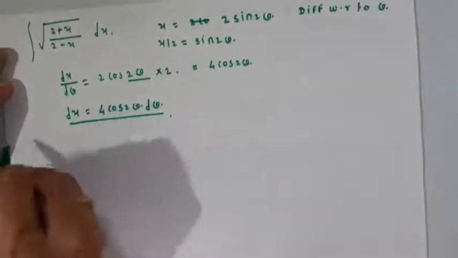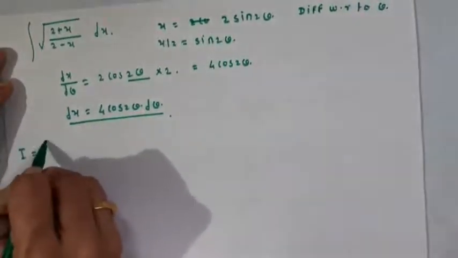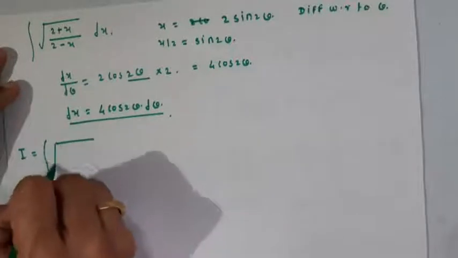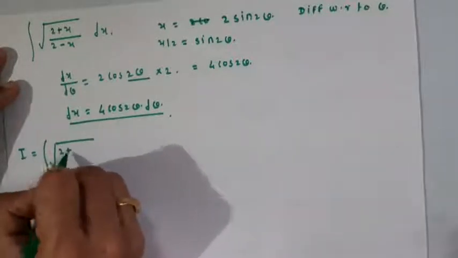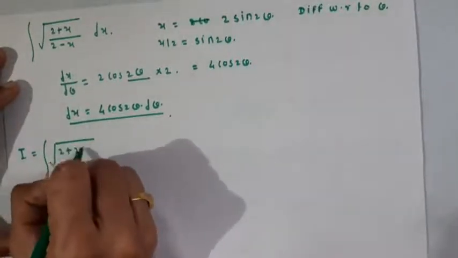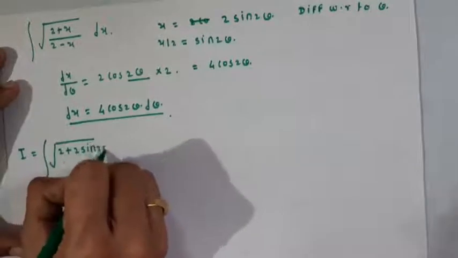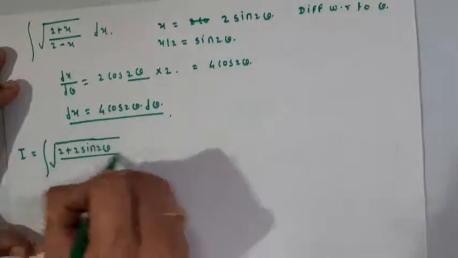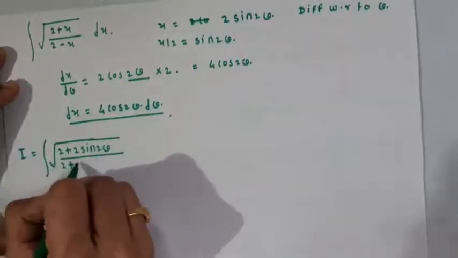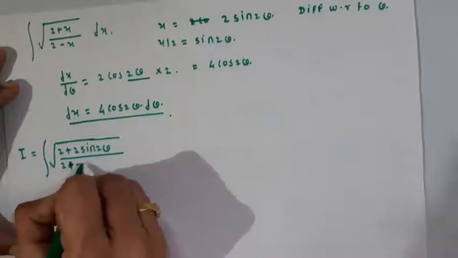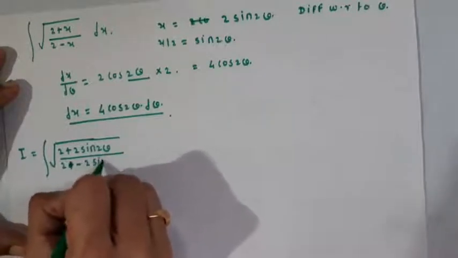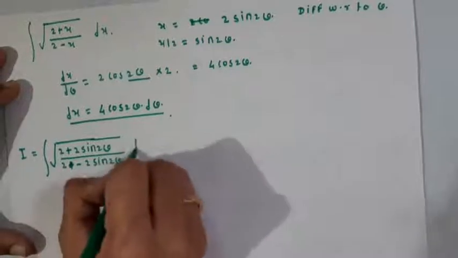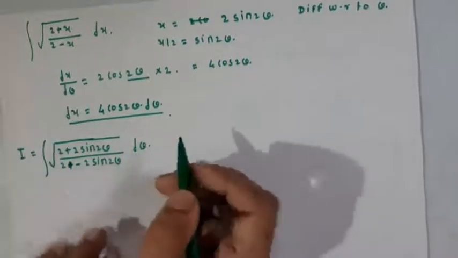Okay, now the integration becomes, that is integration of square root of 2 plus 2 sine of 2 theta upon 2 minus 2 sine of 2 theta with respect to theta.